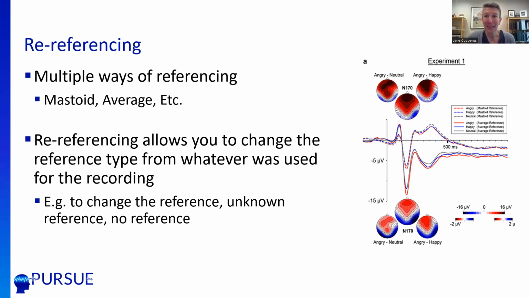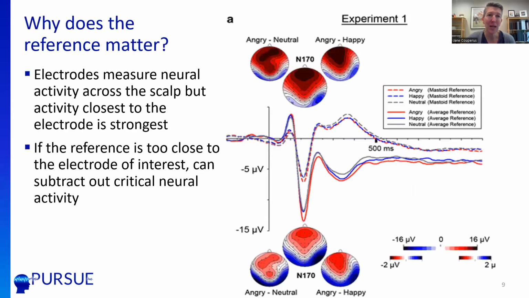But choosing a reference is really important because it does different things to your data that you might be concerned about. So electrodes measure neural activity across the scalp, but mostly they're measuring activity closest to the electrode, or what's closest to the electrode is going to be at least the strongest, right?